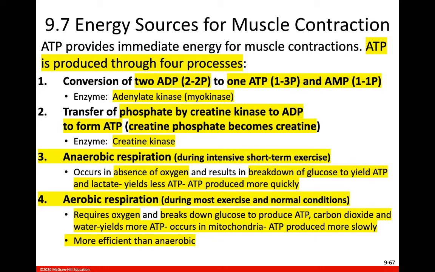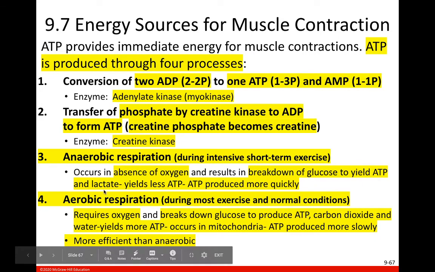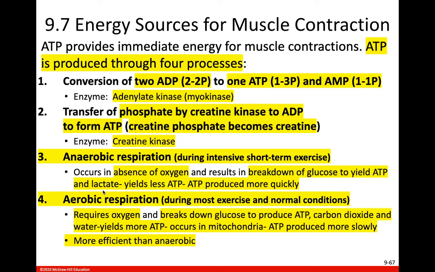Again, short, intensive exercise. So short term, because when we break down the glucose to produce ATP, we get lactate, which is lactic acid. And so again, the buildup of lactic acid in your muscle cells leads to cramping and muscle fatigue. So you can't do this kind for very long.